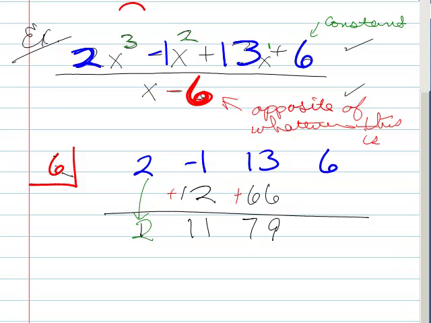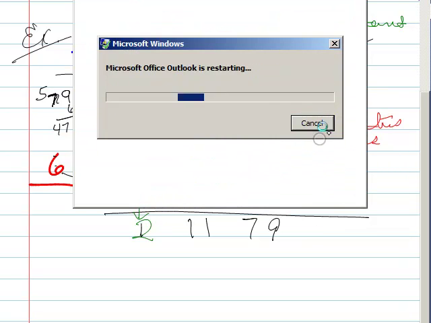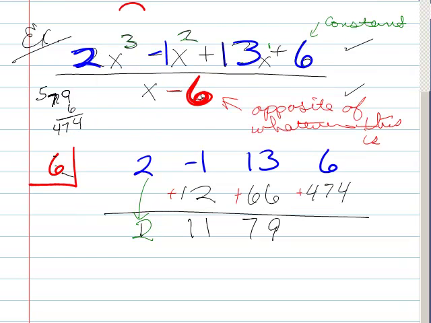And now we have to multiply it again. 79 times 6: 4, carry the 5, that's 42, and 5 is 47. So 474. This is a little silly now. And we're going to add these straight down. So 474 plus 6 is 480.